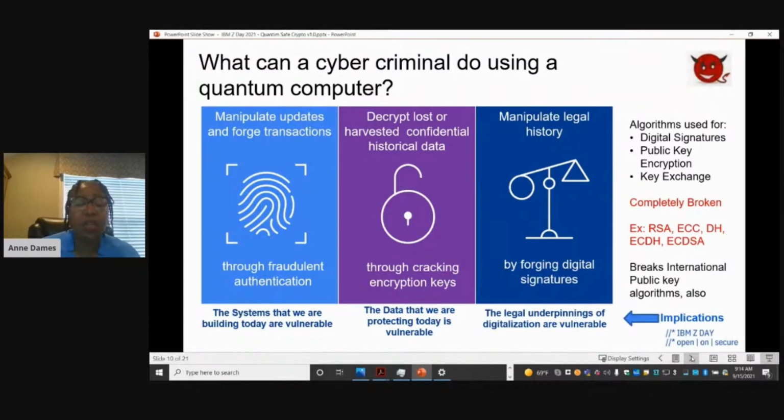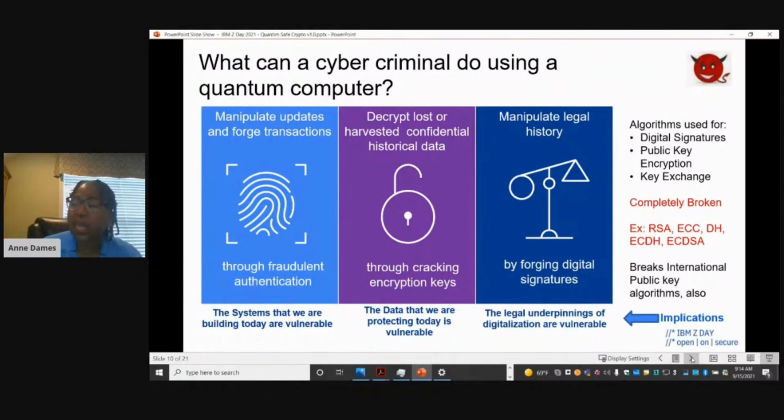We'll talk about that a little bit more in detail in a minute. And then it's also possible for them to manipulate legal history by forging digital signatures. So you have data confidentiality issues, and then you have forgery issues that you're concerned about when it comes to what an adversary might do using a quantum computer.